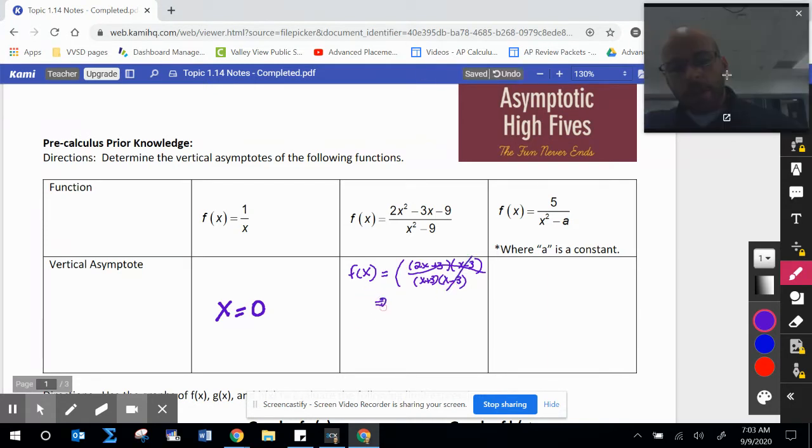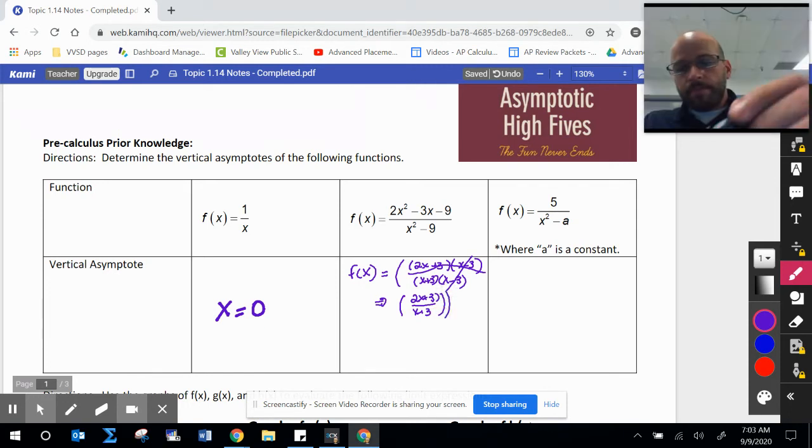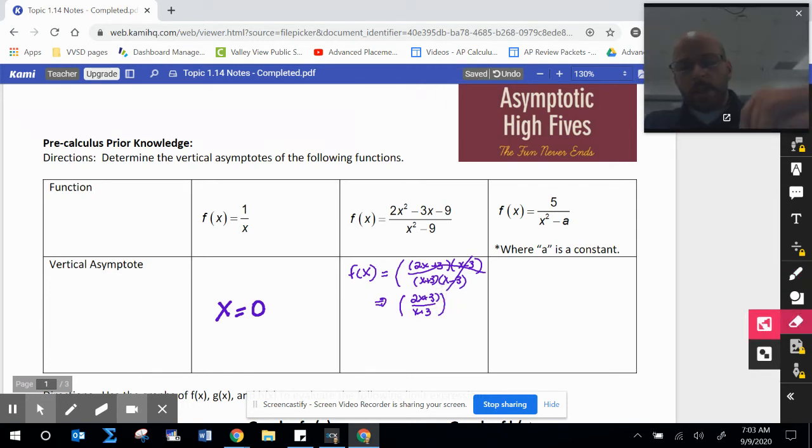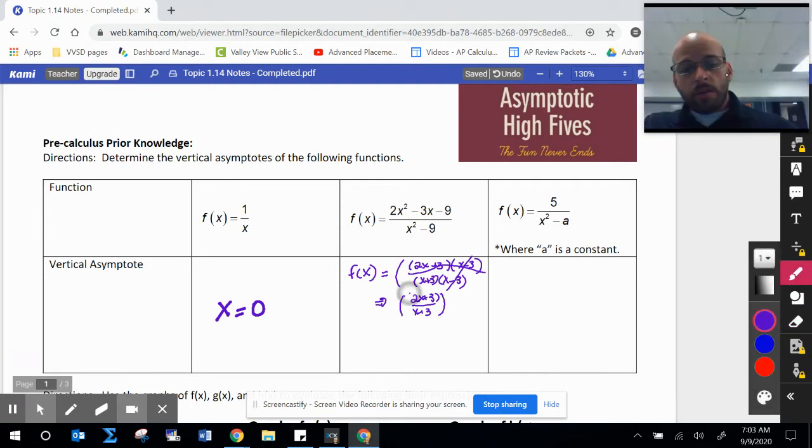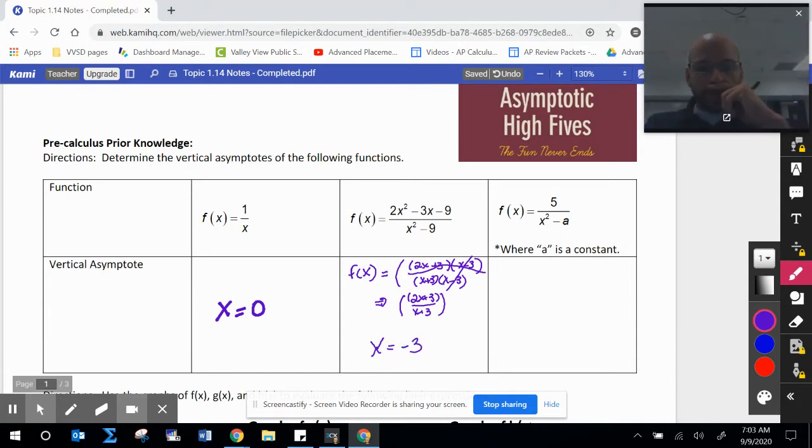So then what I'm left with is a 2x plus 3 over an x plus 3. Your vertical asymptote is going to occur when that denominator is 0, right? So it's going to be the non-removable discontinuity, or in this case, the infinite discontinuity, to use vocabulary from earlier lessons. So in this case, what value is going to make that denominator 0? Well, it's going to be x equals negative 3.